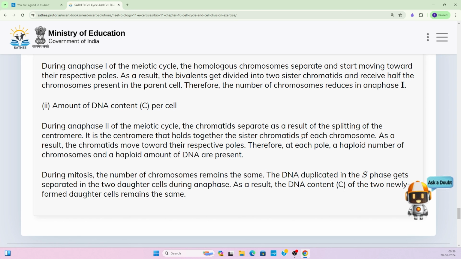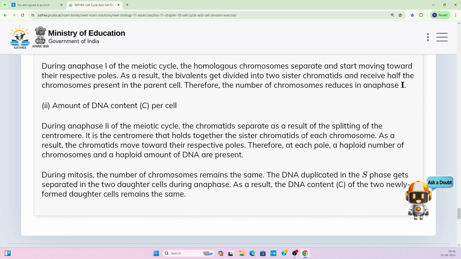Now, during mitosis, the number of chromosomes remains the same. There is no increase in the number of chromosomes. The DNA duplicates in the S phase and gets separated into the two daughter cells during anaphase. So though there is a duplication of DNA in the S phase, it gets separated into the two daughter cells during anaphase.